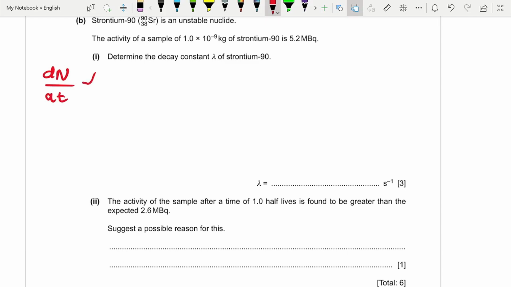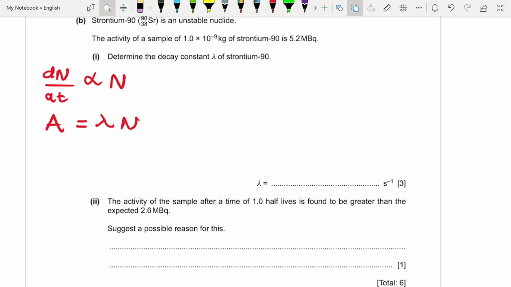Why? Because the activity, dN over dt, is directly proportional to the number of particles. If you have a larger sample size, you're going to have a greater decay. If you have a smaller sample size, you're going to have a smaller decay. So dN over dt is related to the number of particles. We could say A is negative lambda N to show it's a decrease, but we just call it A equals lambda N, right?